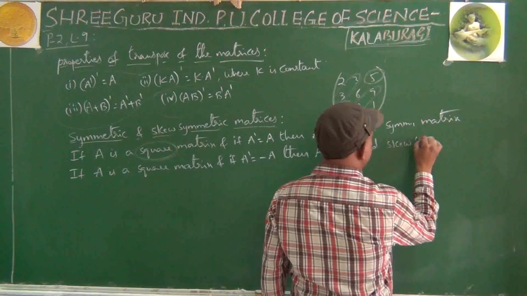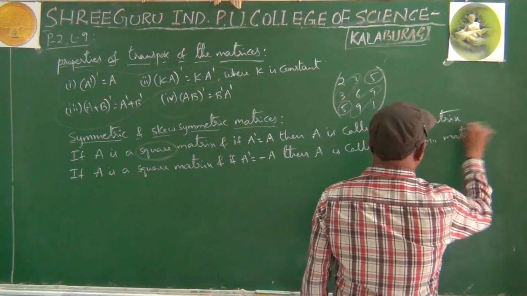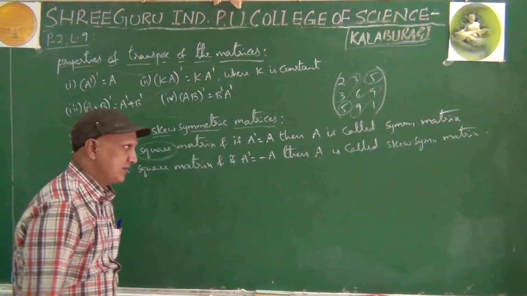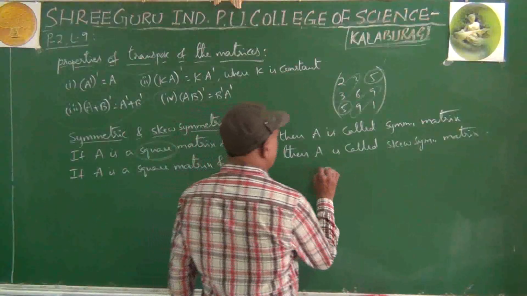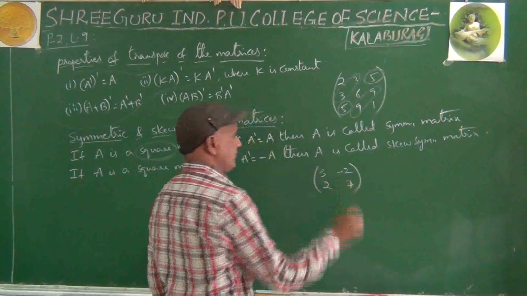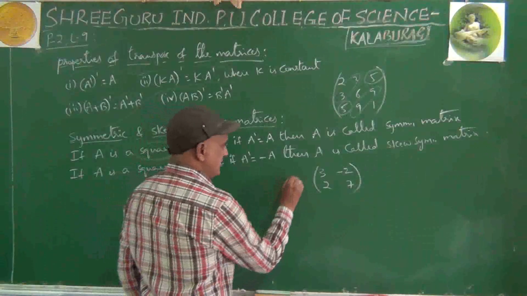SKEW, skew symmetric matrix. A dash equal to minus A, right? Skew symmetric matrix.